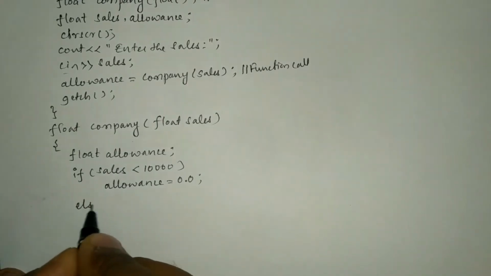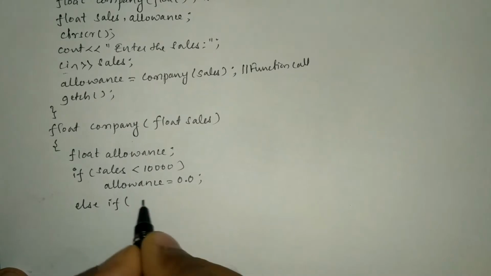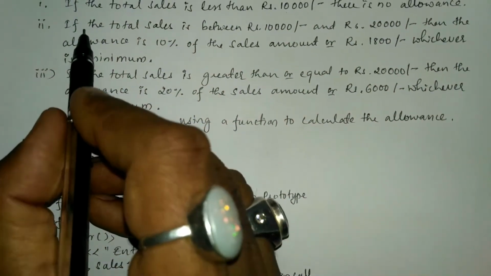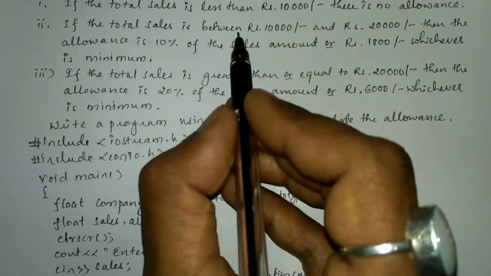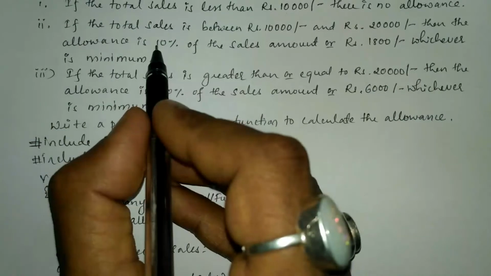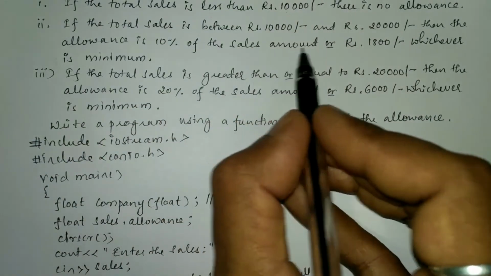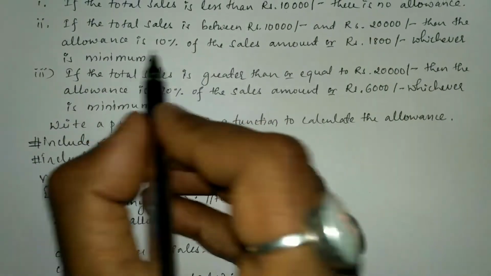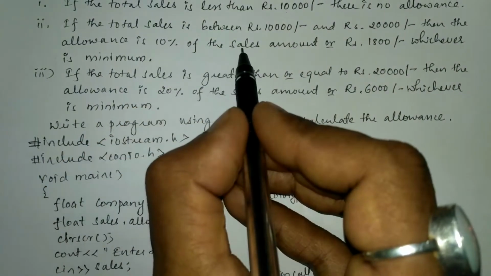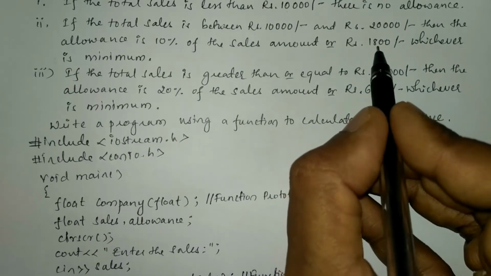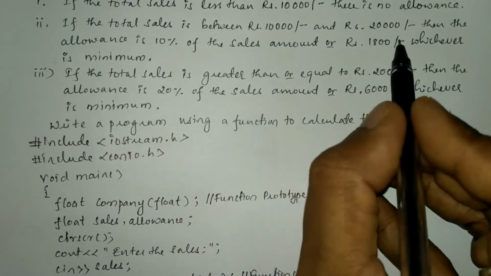Next, we are going to write else if, and here you can check out the second condition. If the total sales is between 10,000 and 20,000, then the allowance is 10% of the sales amount or 1800 rupees. If the 10% of sales amount crosses more than 1800 rupees, then we have to set 1800 only, not more than this.